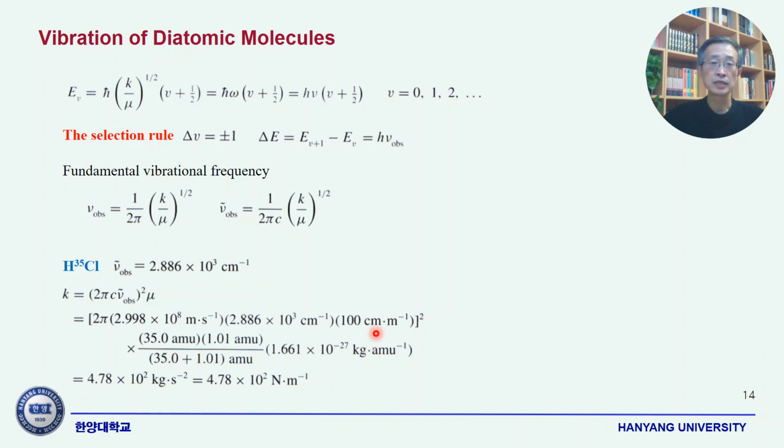So all are in SI units, and you put the numbers together and numerically figure out the number, which is 4.78 times 10 to the second kilogram per second squared, about 478 Newton per meter. That's the force constant. So that much is the stiffness of the HCl bond.